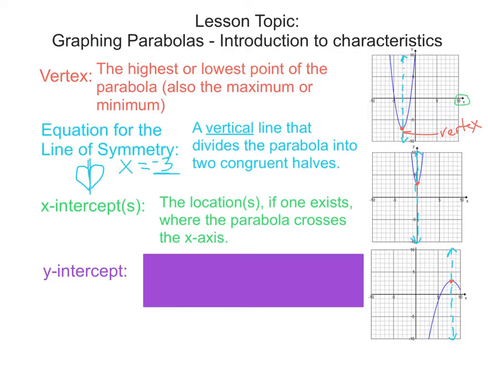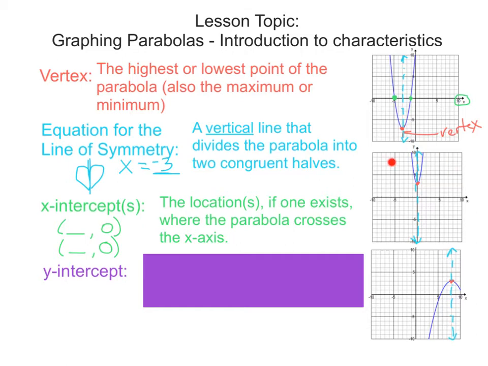Remember, this is the x-axis. So here's one location right here, and then here's one location right here. Those are called our x-intercepts. And if you remember, our x-intercepts are always a number, comma, 0. Typically we have two of them, not always. So location or locations if one exists.